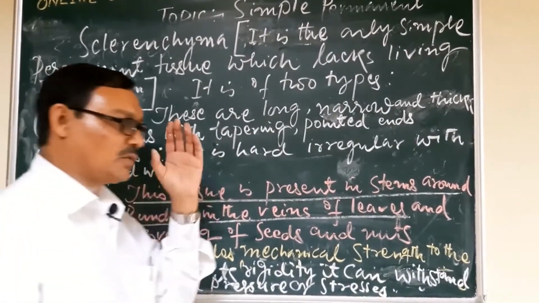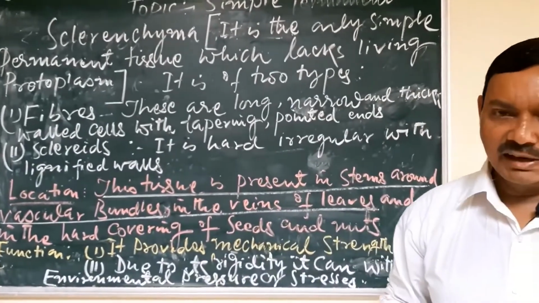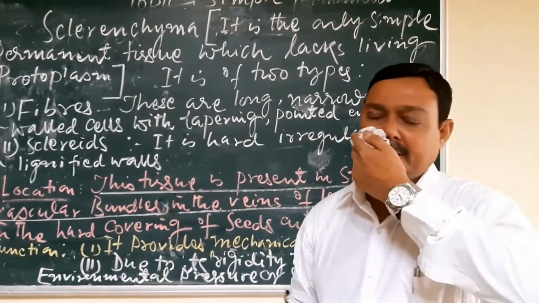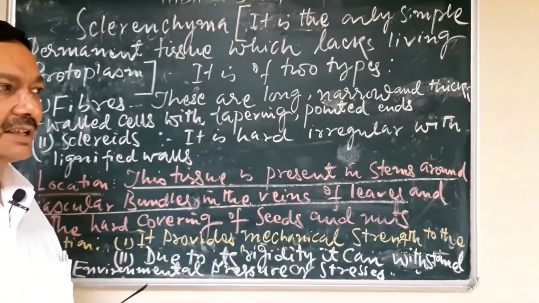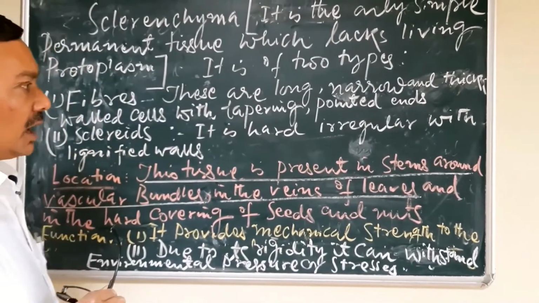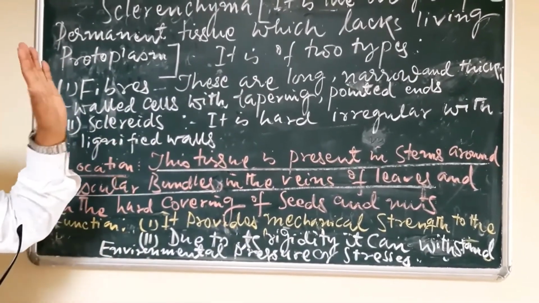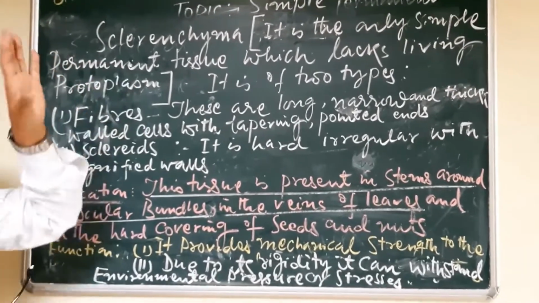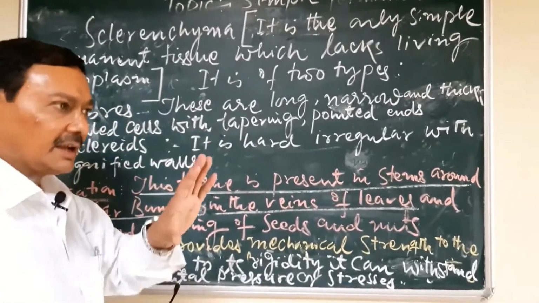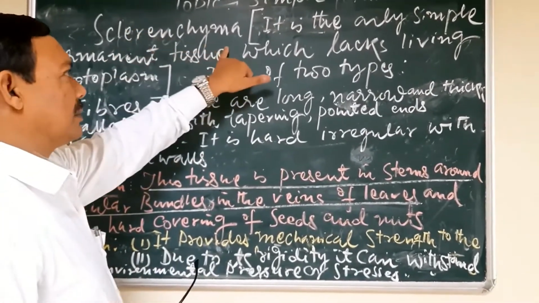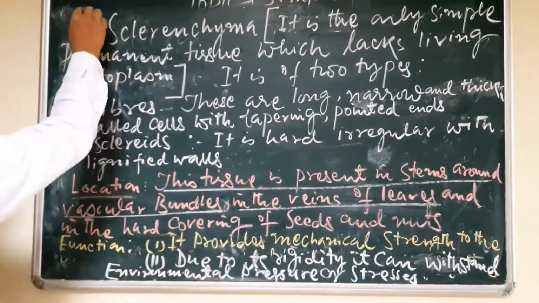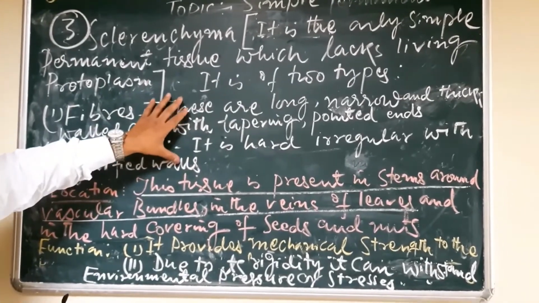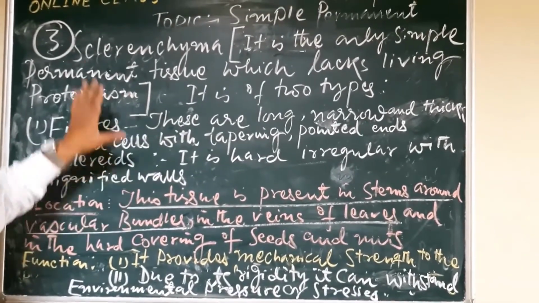So in this part of our lesson, we have learned about the three important types of simple permanent tissue. Of the three types, the first two, parenchyma and collenchyma, are living, and the last one, the sclerenchyma, is dead.